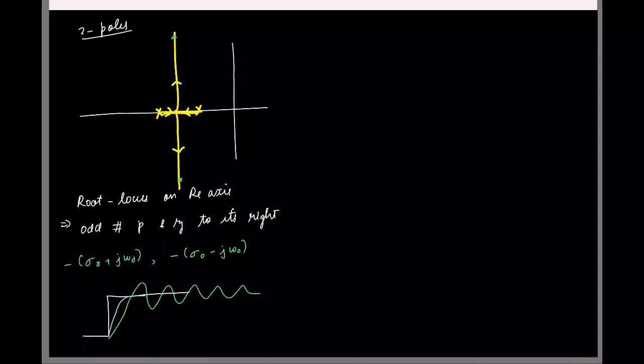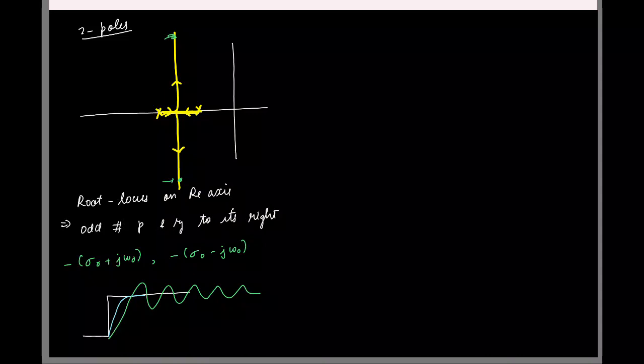Without going into a lot of detail, this should make sense, right? I have some complex conjugate poles, complex exponentials, so some oscillatory behavior must be there. So it will do a lot of ringing like this, and obviously this is not good. That is why we don't want the closed loop poles to lie in this complex plane.